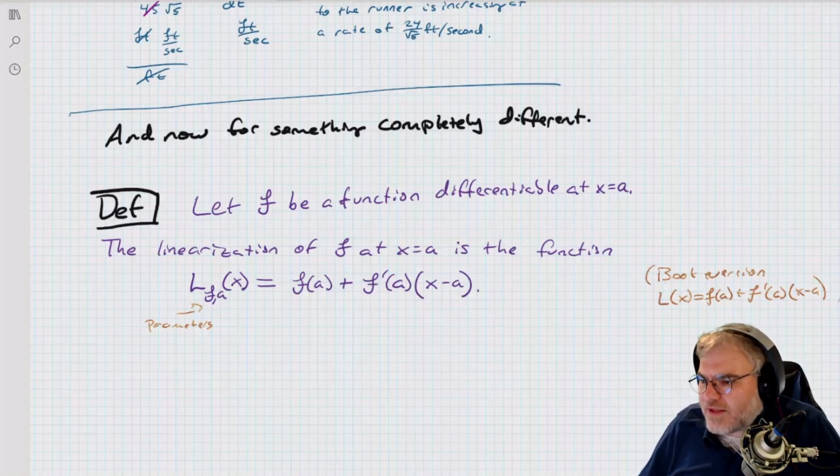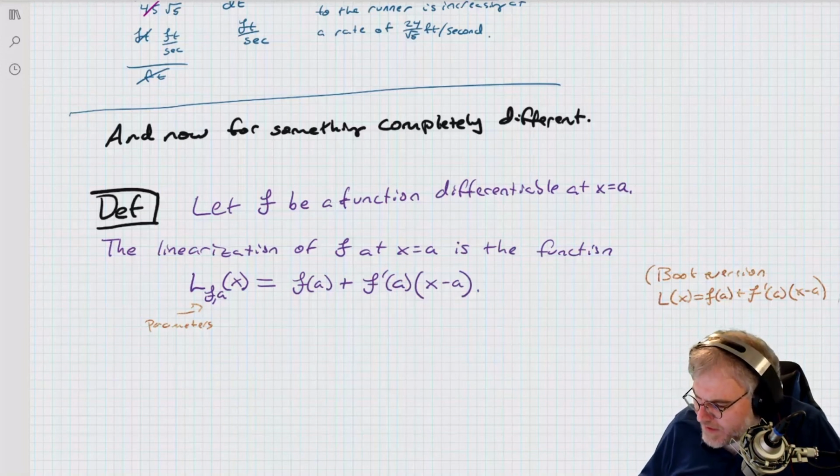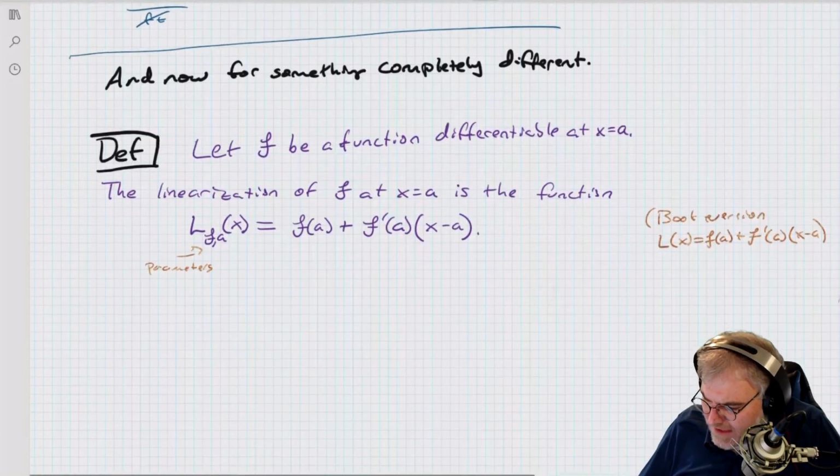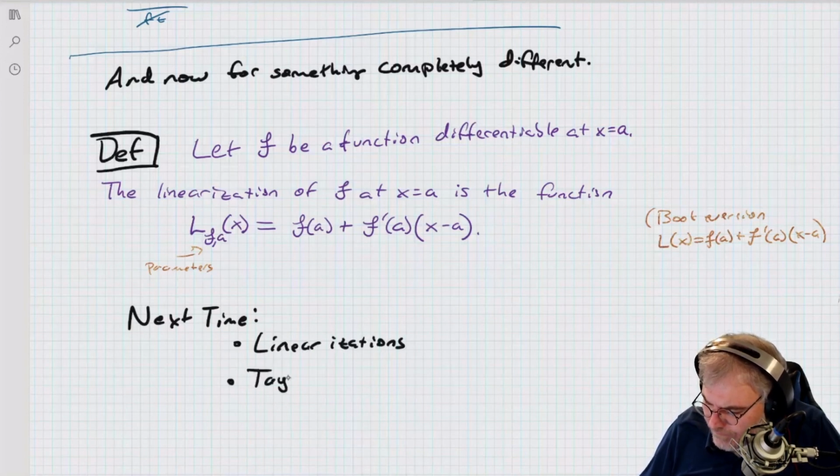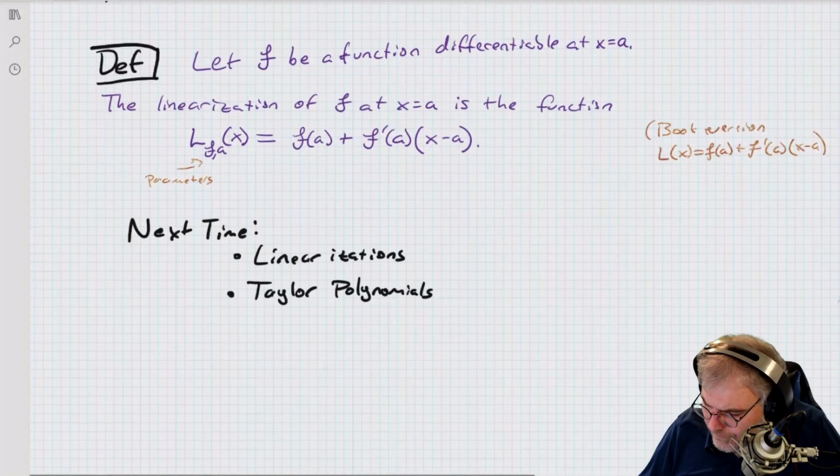One to five, how do we feel about that? And we're going to talk about the linearization next time. So next time, we will do linearizations and Taylor polynomials and differentials.